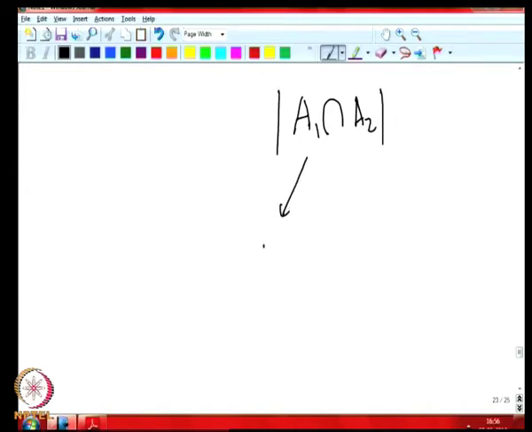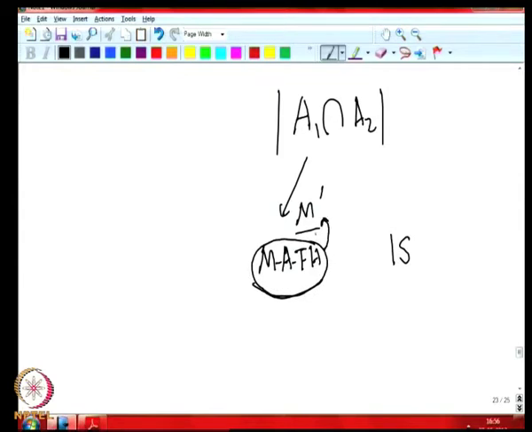A1 says math appears consecutively, A2 says ease appears consecutively. What we do is we substitute math with say m dash, one letter, we just tie them together as one symbol, and ease with one symbol I dash, say. Now instead of 9 letters, we have 3 plus 2, 5 letters.